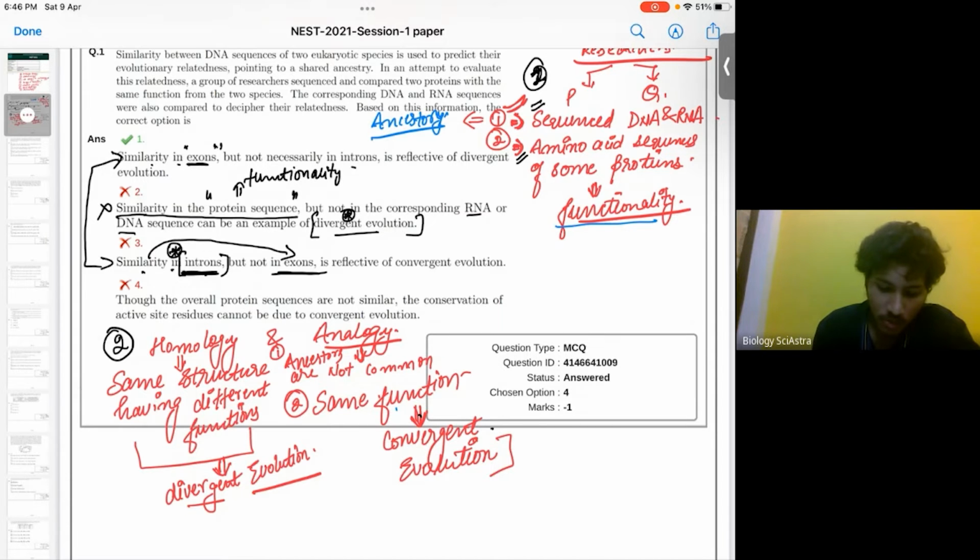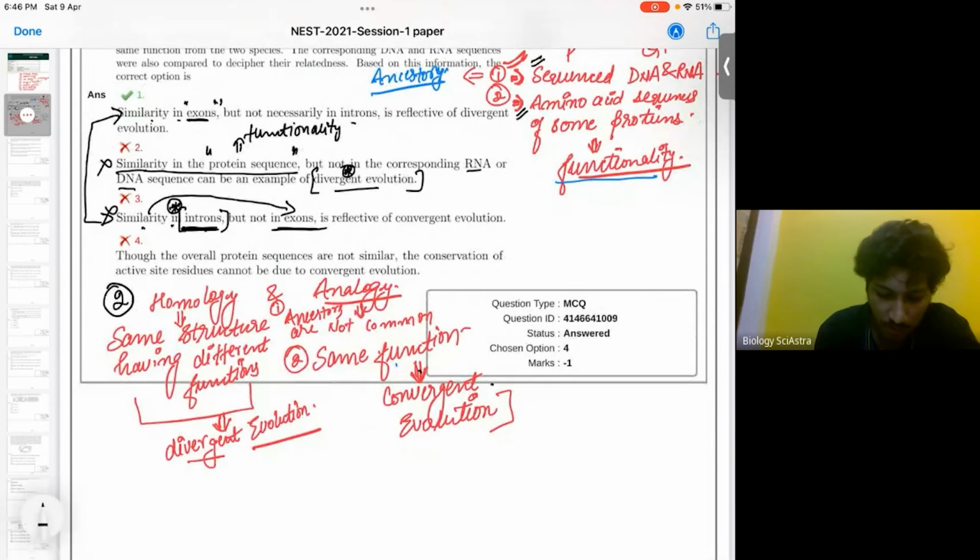Okay. Now, the fourth statement. Though the overall protein sequences are not similar, the conservation of active site residues cannot be due to convergent evolution. So they are saying that if there are proteins with different amino acid sequences, but the sequences at the active site are the same, then it shows convergent evolution.